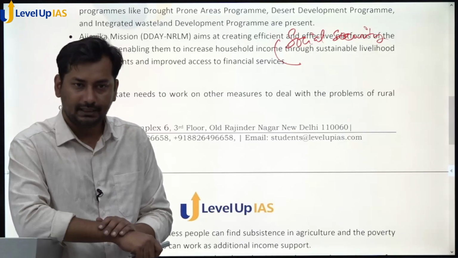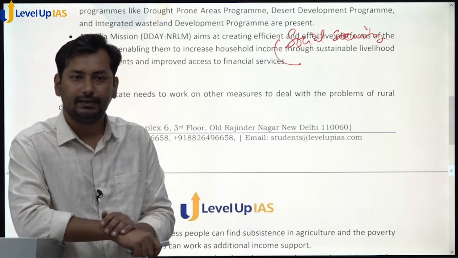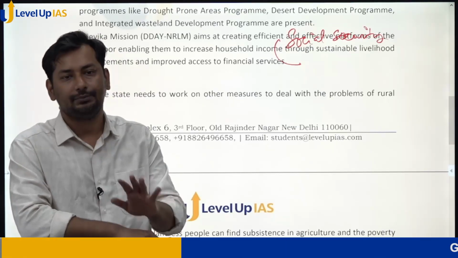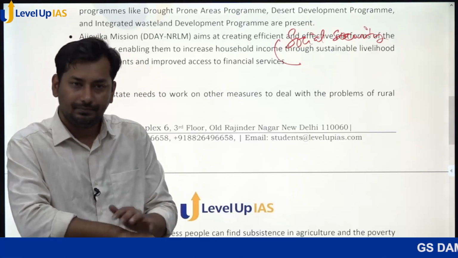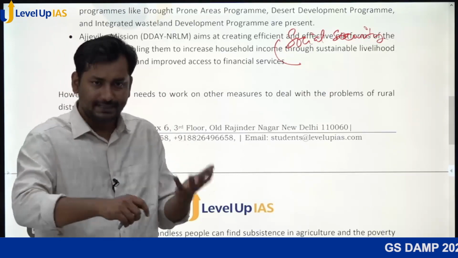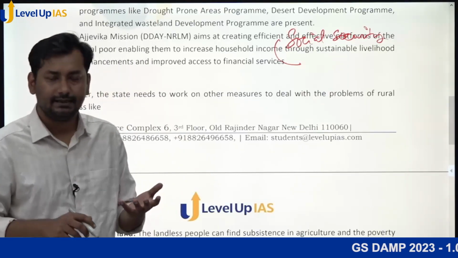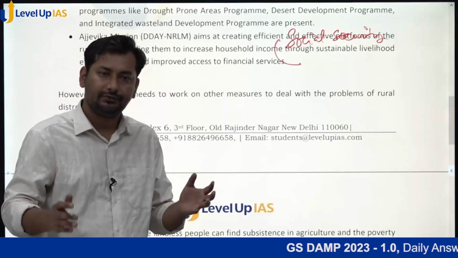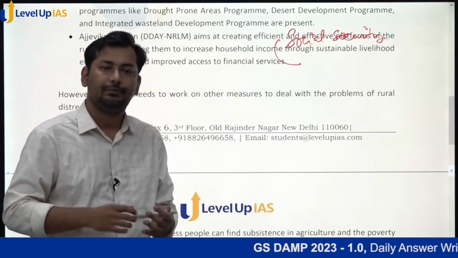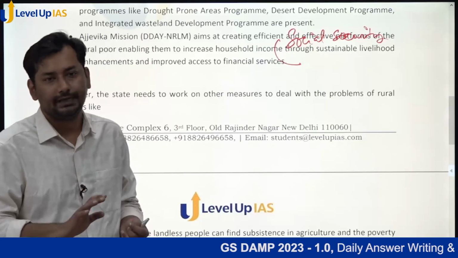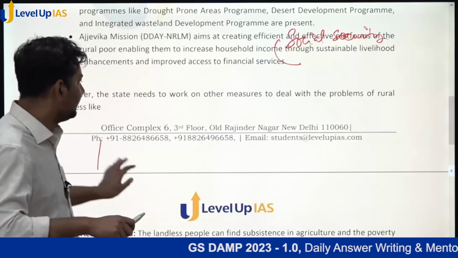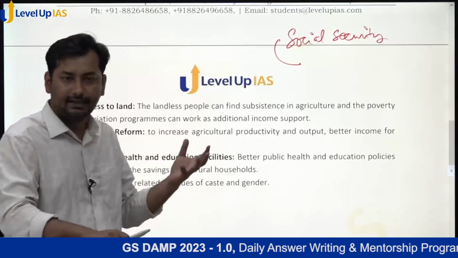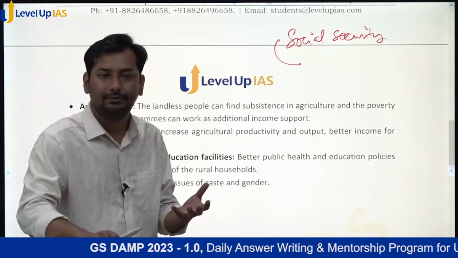If you see the human development indicators, Kerala's is very high as compared to Jharkhand or Bihar. Policy makers say that we should have other ideas included with these programs so that poverty can be alleviated from Indian society. What are these other ideas? Like access to land. Kerala had a very successful land reform policy.